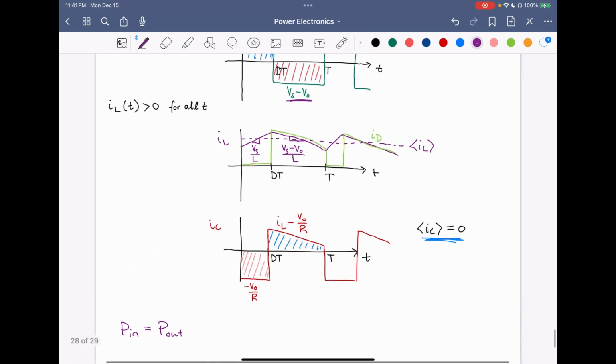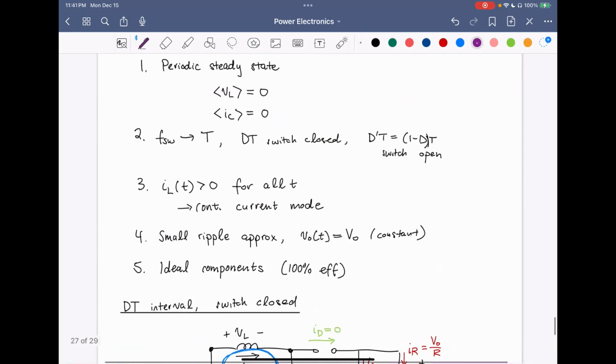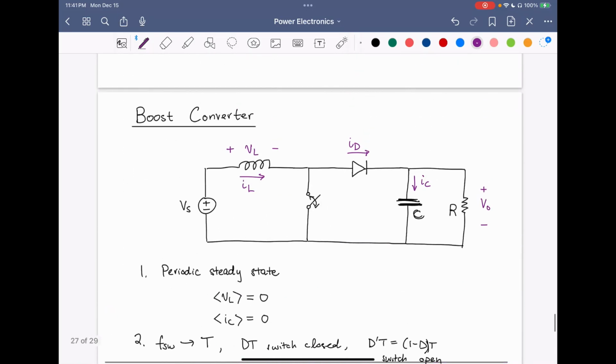So if we know in this circuit, the input power is equal to the source voltage times the current that the source voltage is delivering to the rest of the circuit. Now, this current is just equal to the inductor current. So we have the input power is equal to the source voltage times the DC inductor current.